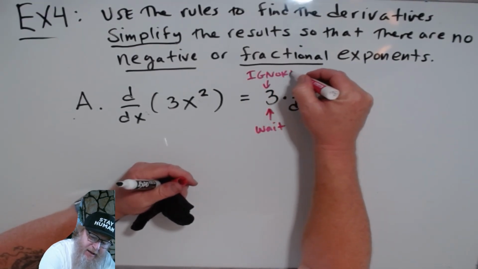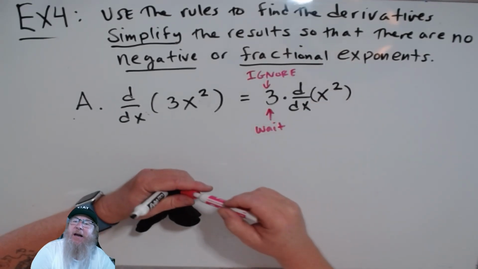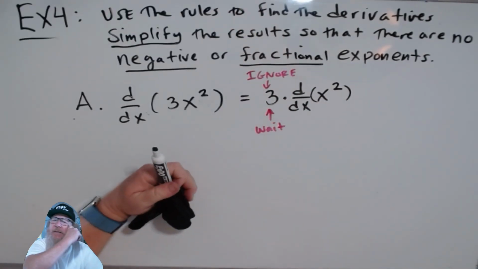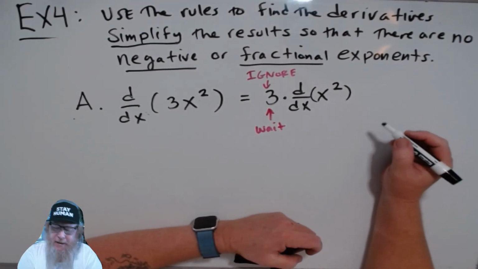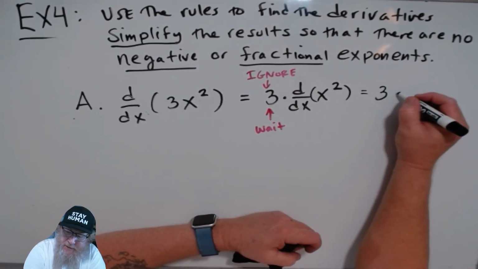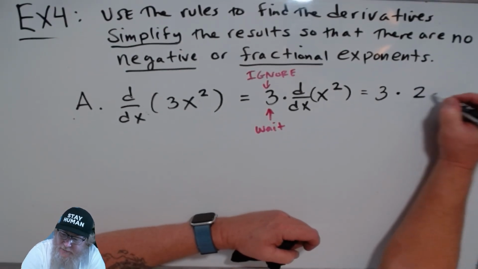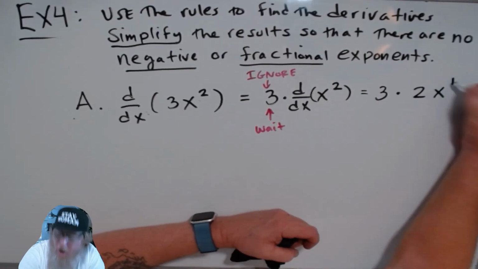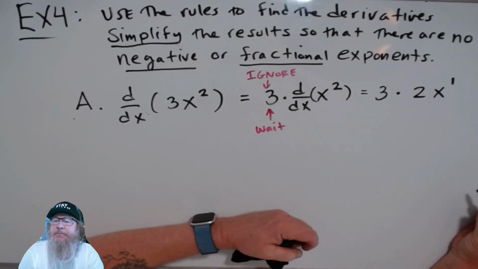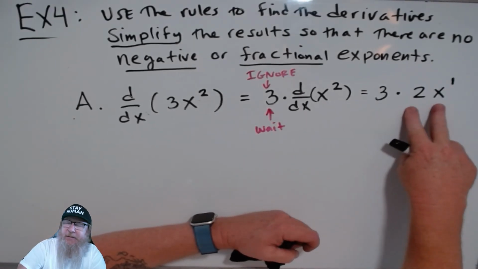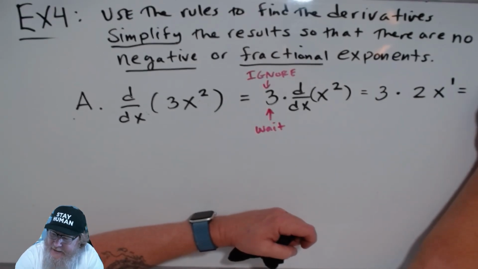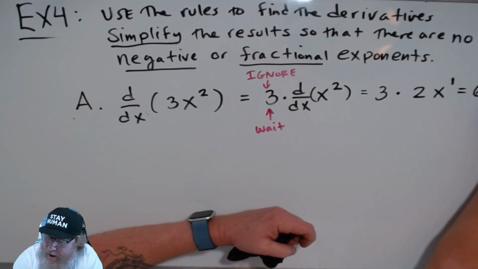I often say that. But be careful with the word ignore, because sometimes you ignore something and then it just goes away. This is not going to go away. So this is 3 times 2x to the 1, that's the derivative here, which is going to be 6x to the 1.